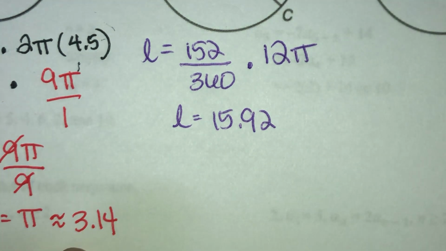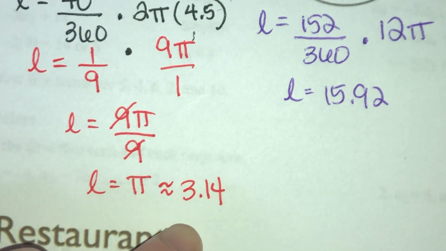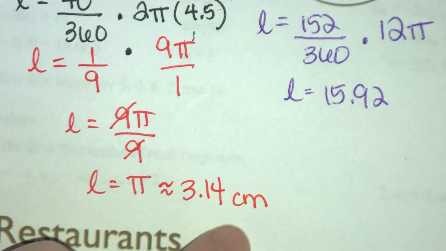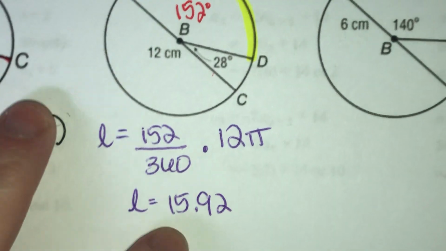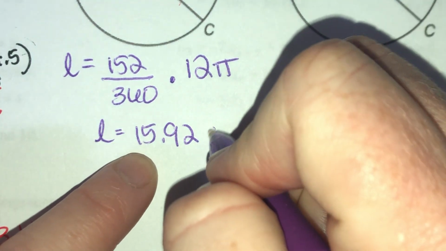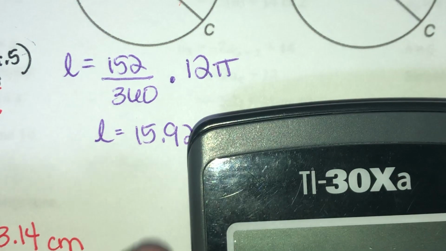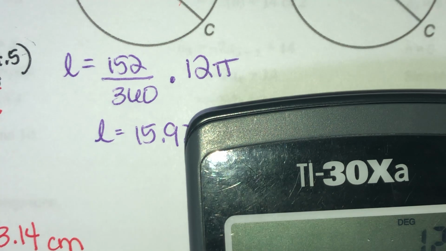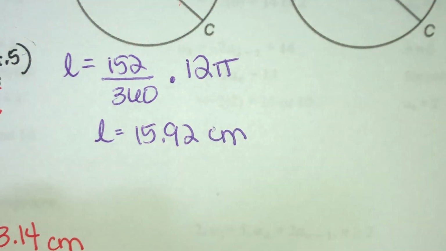And one thing I forgot to do in part A was put centimeters. Don't forget to write your units of measure. That's super important. So here, our unit of measure is also in centimeters. So it's about 15.9 centimeters. If 12 pi is the length of around the entire circle, 12 pi is equal to almost 38.